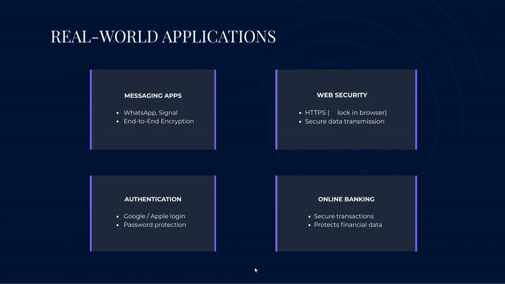Now let's connect everything to real life. Cryptography is not just theory, it is used everywhere. First, messaging apps. Apps like WhatsApp and Signal use end-to-end encryption. This means only the sender and the receiver can read the message. Even the company can't read your message. Next, web security. When you use HTTPS on a website, this means your data is encrypted. Without HTTPS, anyone on the internet can read your data.